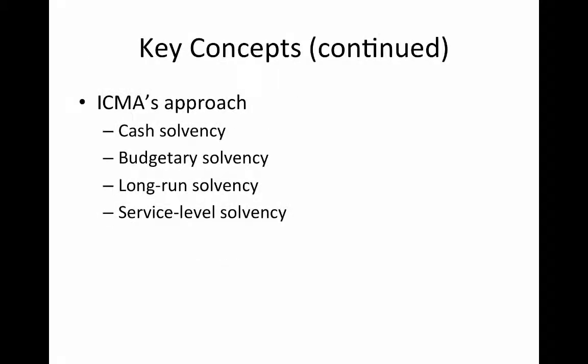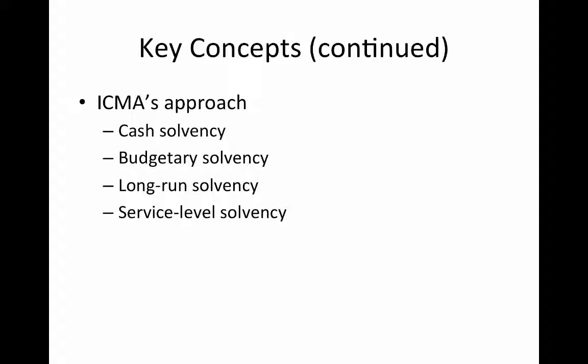There is a considerable discussion in the chapter on the approach used by the International City and County Management Association, or ICMA, where they look at financial health as 4 different types of solvency: the ability to raise sufficient cash in the very near term, the ability to raise sufficient resources over the period of the budget, which usually means over the next year.